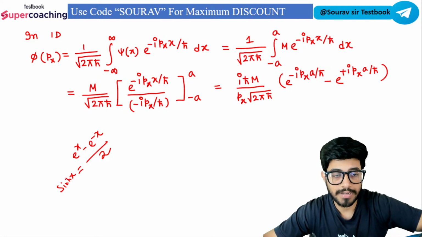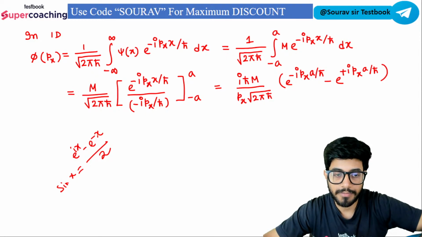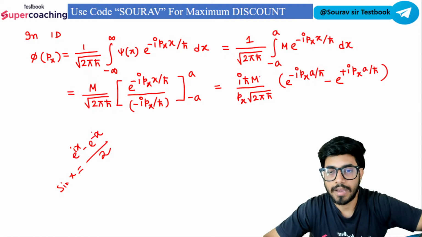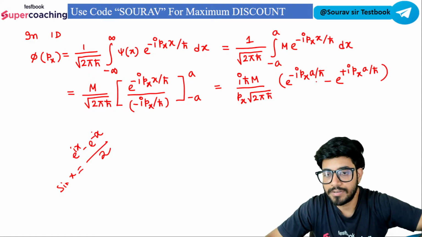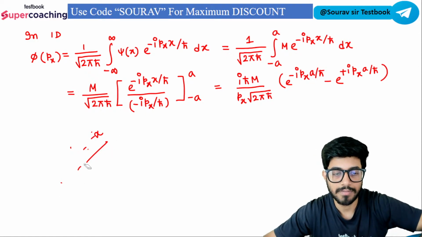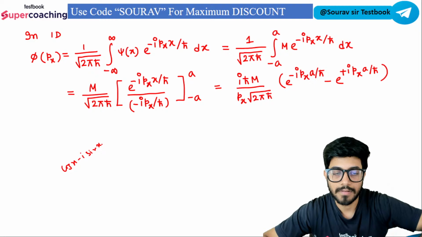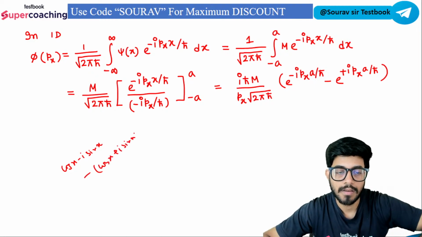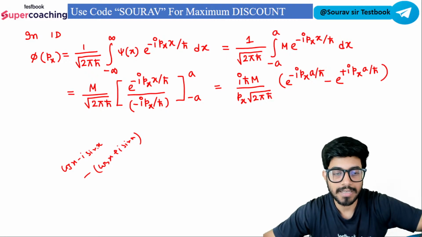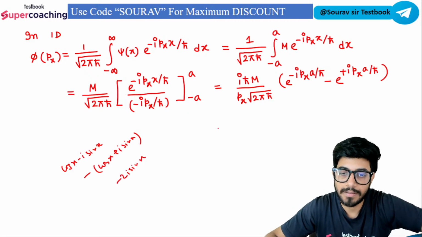Okay, not sin h of x, sin x, I guess. e to the power of minus ix is cos x minus i sin x, and e to the power of plus ix is cos x plus i sin x. So cos x will cancel, minus i sin x minus i sin x, so minus 2i sin x will come.